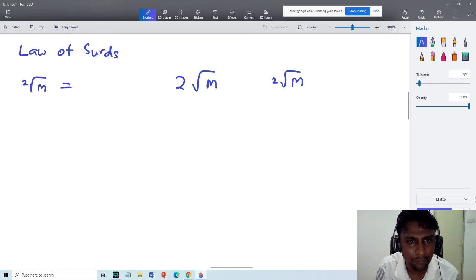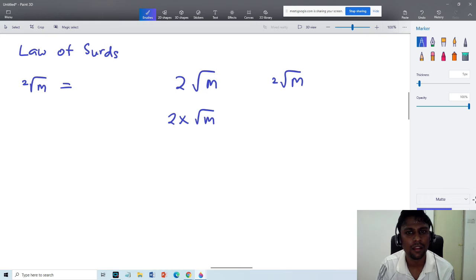This one is something like 2 times the square root of m, but this is the square root with index 2 of m. Remember, the small 2 shows the square root, the root of what number.